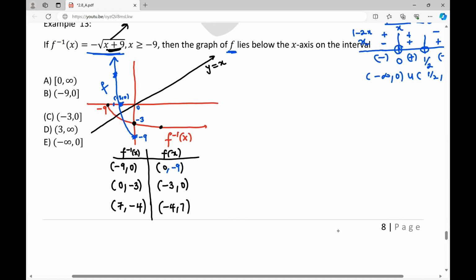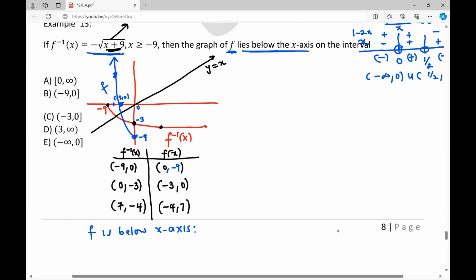So now if you look at f, where do we have f to be? Because we want f to be below the x-axis. So f is below the x-axis from this point up to this point.